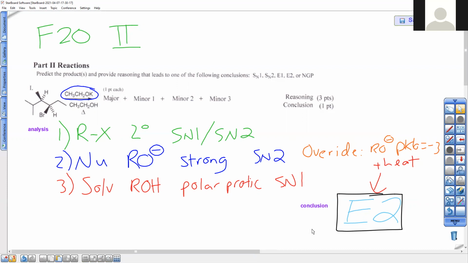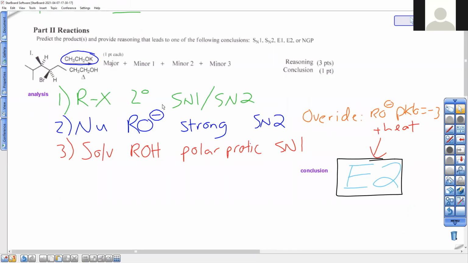So that's 4 points for everything we've done so far. And then we got 4 more points available for predicting our products. E1, E2, you've got to find all the beta hydrogens. What the heck did I just say there? Beta, what's that mean? Well, beta is the letter in the Greek alphabet after alpha. Alpha is the carbon with the leaving group.